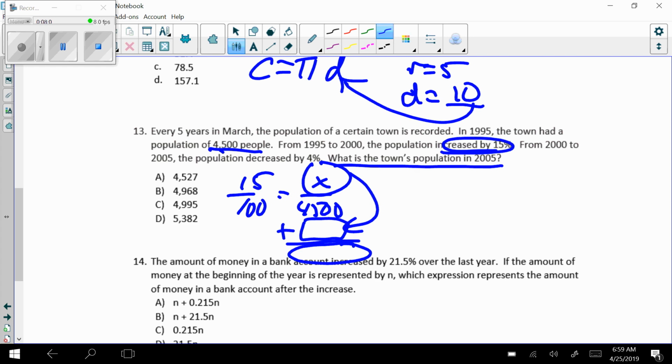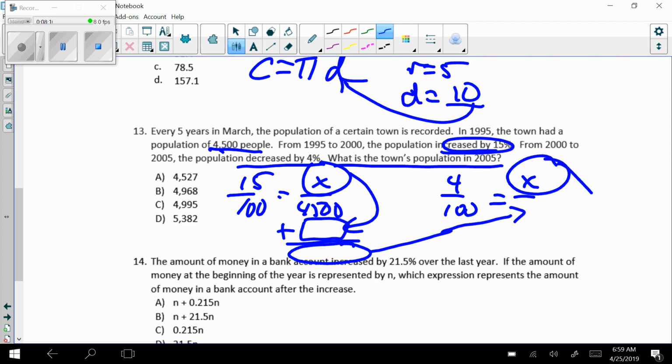Now it decreases 4%. Whatever you get here gets subtracted from this number, and this is going to be your answer. So 15%, add it to it, take your answer, bring it over here, 4%, subtract it from it.